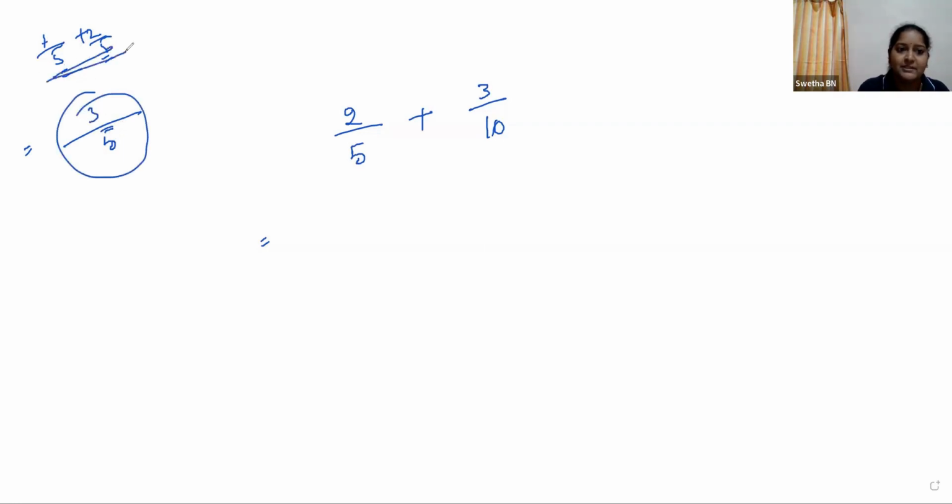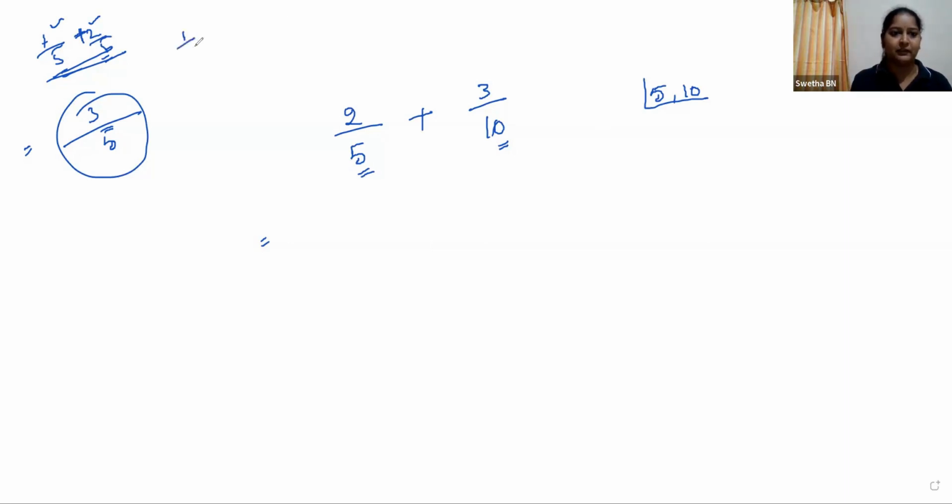If the denominators are same, you can add the numerators directly. But here, the denominators are different. So what you have to do? You have to take LCM for the denominators. Got it? Only in addition and subtraction. In multiplication and division, no need to take LCM.